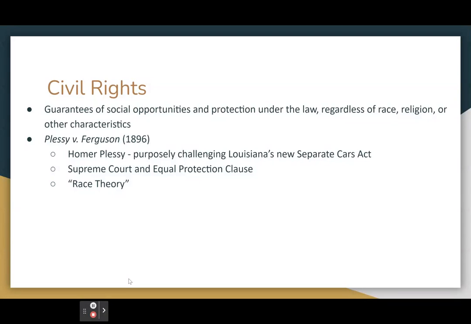And race theory is predominant in terms of what people are thinking about race. And that is the belief that some races are just naturally superior to others. And that's running rampant in this decision as well.